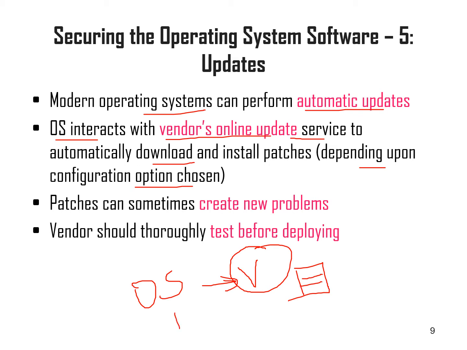This is your host, and it is communicating with the vendor's online update. While they are communicating, the update will be sent to your host and installed. So the OS interacts with the vendor's online update service to automatically download and install the patches, right? Whatever updates are present, it will install.